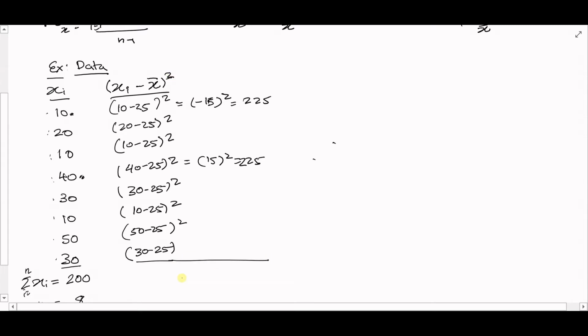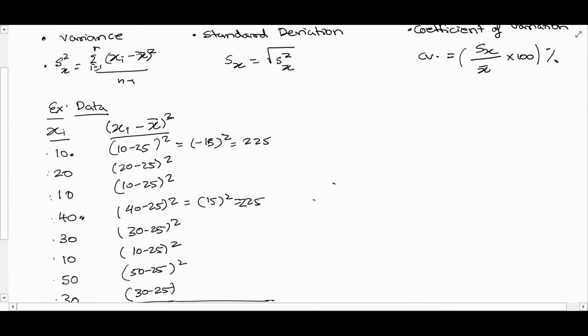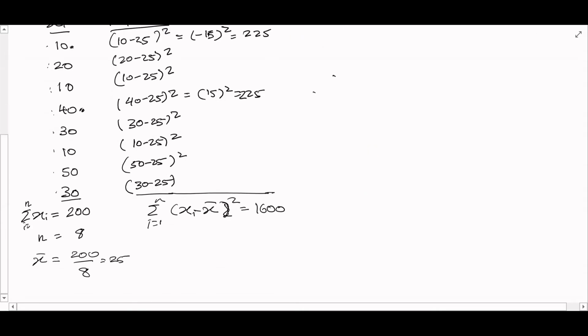So when you take xi minus x bar squared and add across all observations, we end up getting 1600. You can do the math, I think it's straightforward. To get the variance, you look at the sum of squared deviations and then divide by n minus 1. So variance we represent by s squared of this variable x.